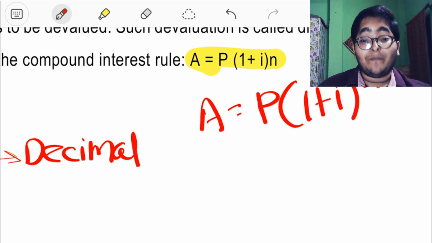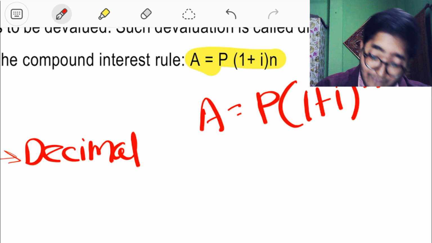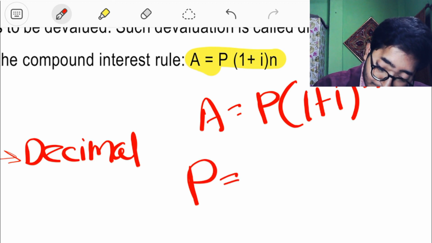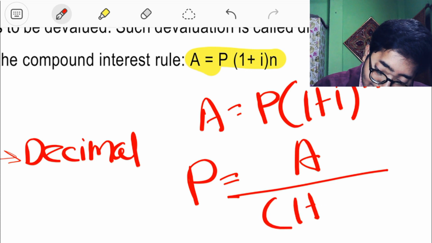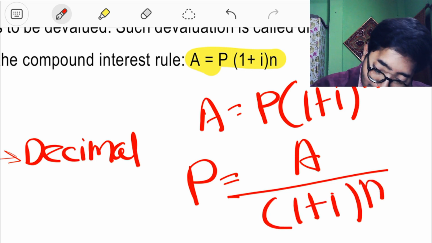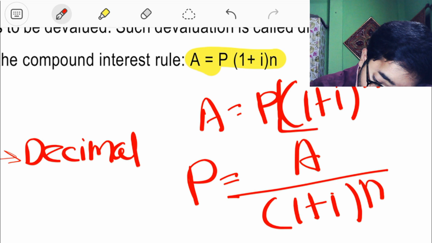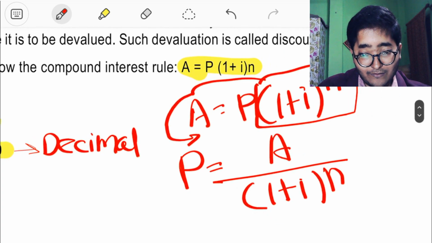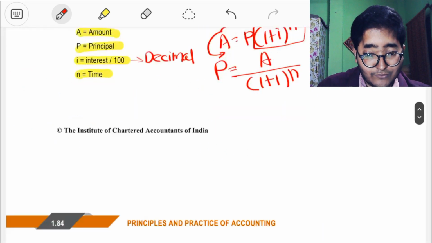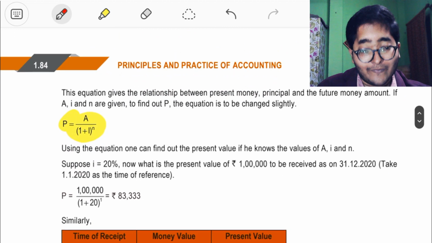So we need to find P, the principal value or the present value. P equals A divided by 1 plus I to the power n. Very simple. This portion is moved to here. So we have derived the formula.